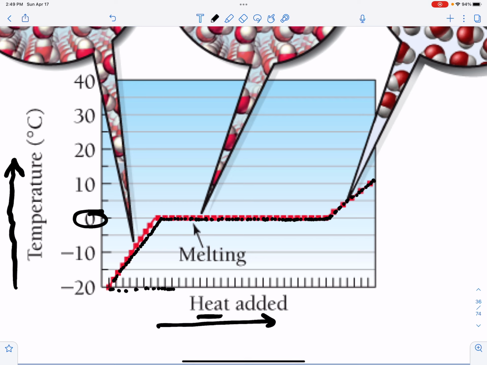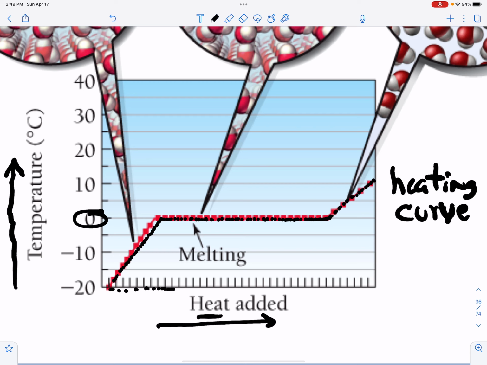This is what we call a heating curve, and we call it a heating curve because we are adding heat to it. You're going to notice that there's a part of the graph where the temperature remains constant. All this is happening at 0 degrees.